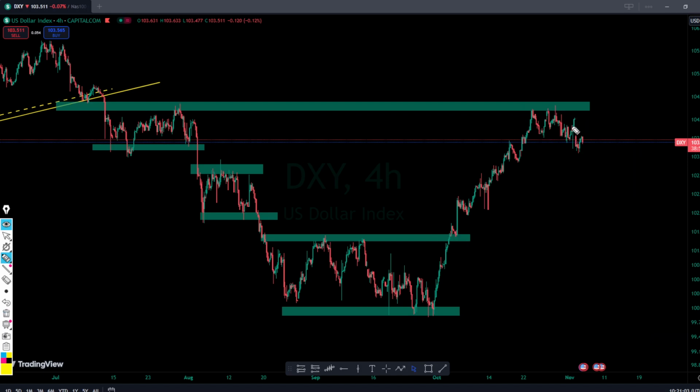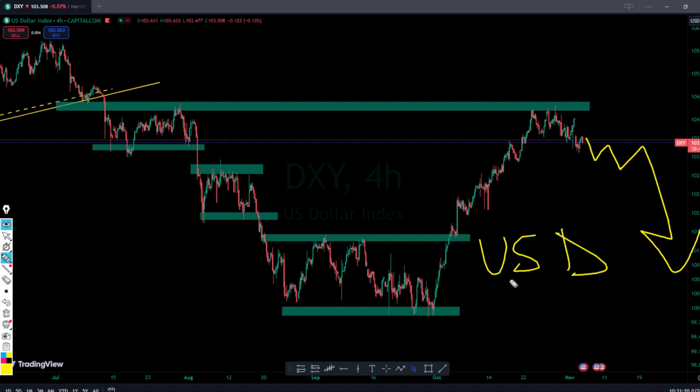So now we can see that the market is trying to show us that it's going to go lower, plus rate cuts are coming, which might accelerate this type of structure to continue going lower. That means the dollar will lose some momentum here and there, but not so fast.